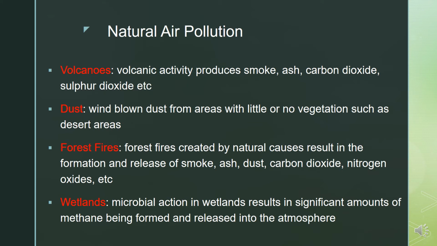Forest fires created by natural causes result in the formation and release of smoke, ashes, dust, carbon dioxide, nitrogen oxides, etc. Wetlands: biological actions in wetlands result in a significant amount of methane being formed and released into the atmosphere.